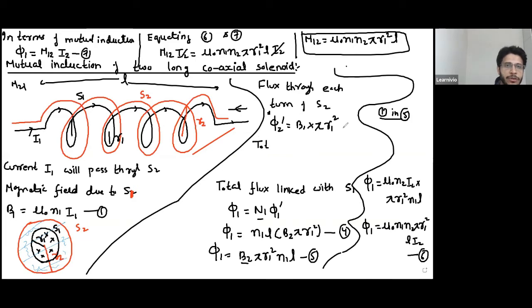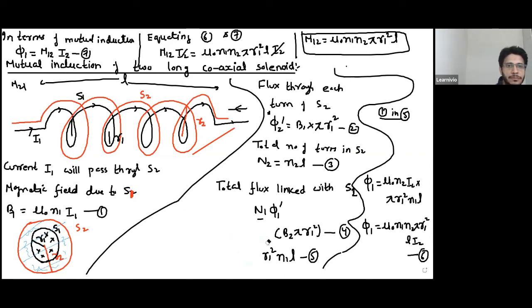Next I call this equation number 2. Total number of turns in S2: just like S1, I can write N2 as N2 into L. That's equation number 3. So total flux linked with S2 is phi 2, which is N2 into phi 2 prime.